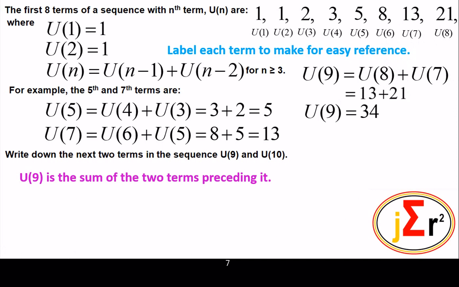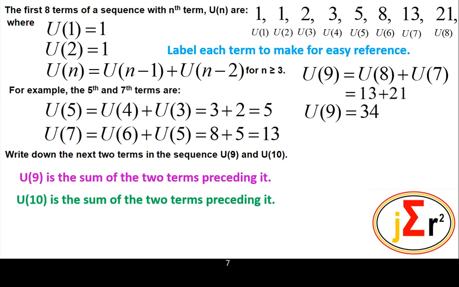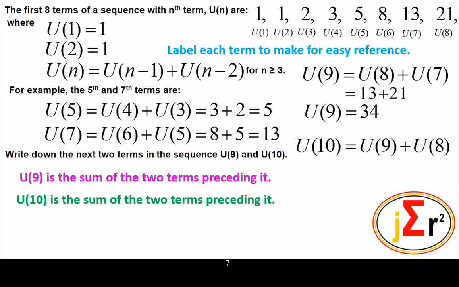Then we will find u10. And of course, if we need to find u10, the u9 that we just found will be a part of the sum, because that will be the sum of u9 and u8. So u10 is the sum of the two terms preceding it. So u10 will be u9 plus u8.